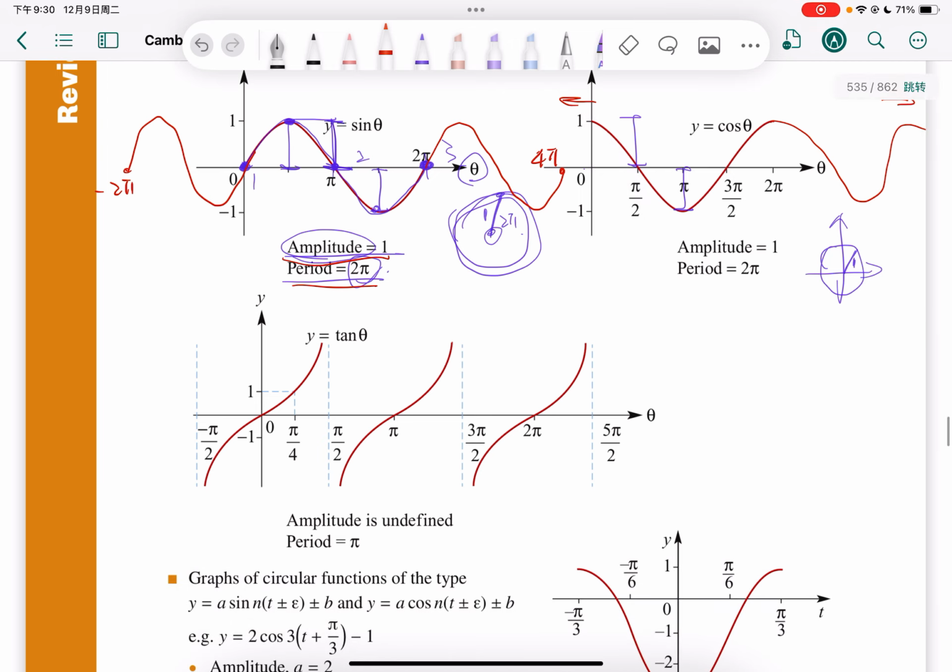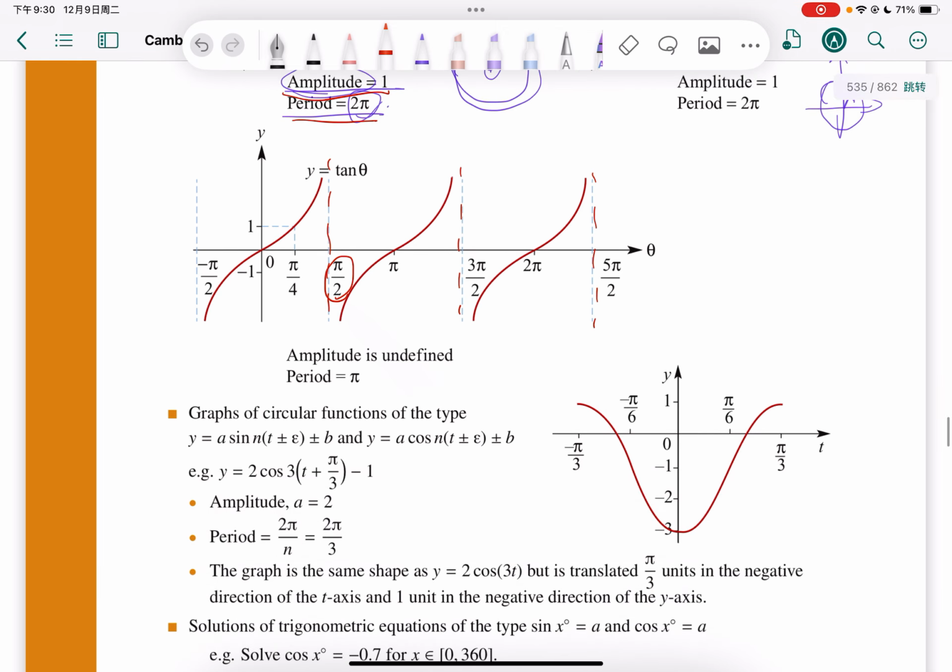So tangent is a little bit different. It has the asymptotes, which are drawn using the dashed line, and they are at 2 pi times 3, 2 pi times 5.